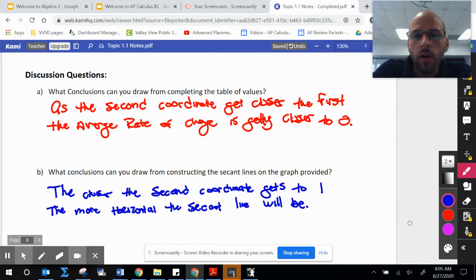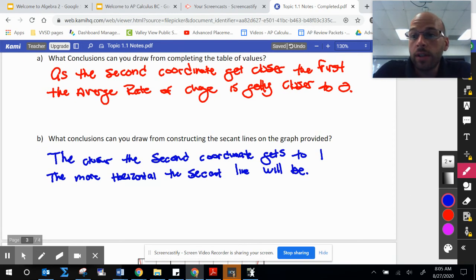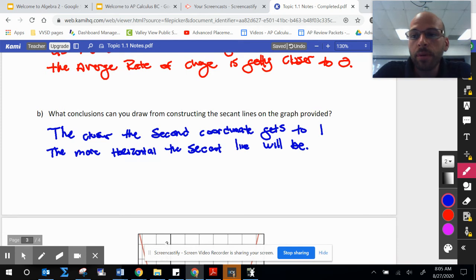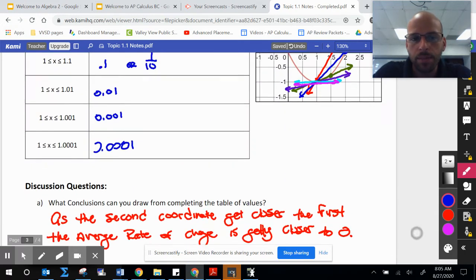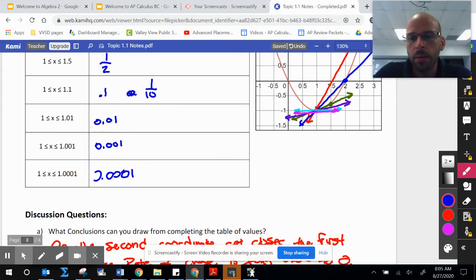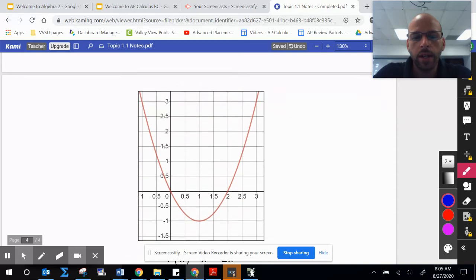And ultimately, if I ever could get to 1, it probably would be horizontal. So if I put 2 points on top of each other, that would probably give me a horizontal line. And that's probably only because it's at the vertex there, but keep going.